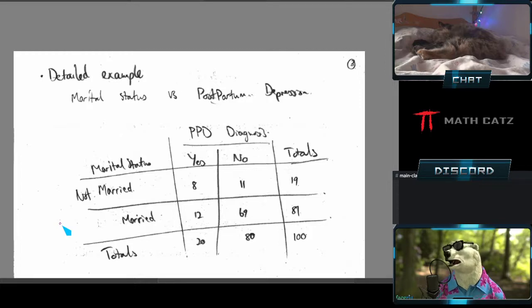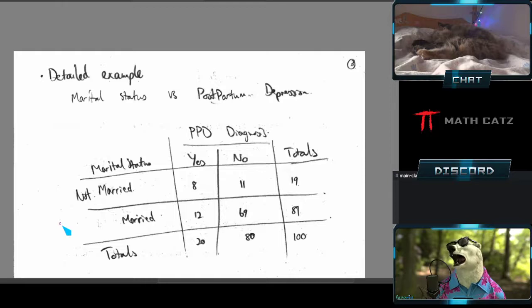So now the percentages can serve, just like before, the relative frequency, the percentages, serve as estimates to the underlying probabilities. We don't know what the probability of getting postpartum depression is if you are not married. We don't truly know that because it's a very complicated thing with lots of factors that potentially affect it, right? Situational and timing and all kinds of things. It's a very complicated variable in truth.